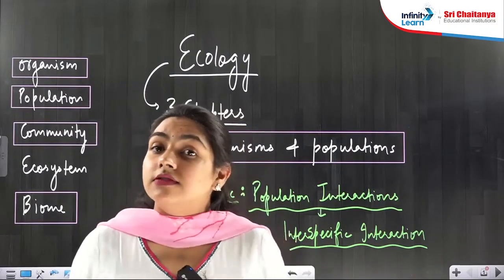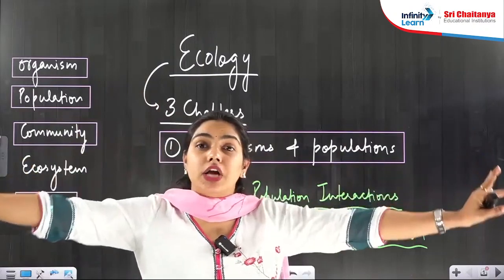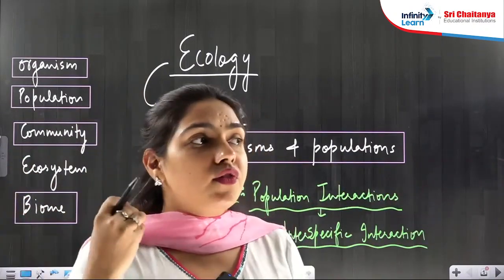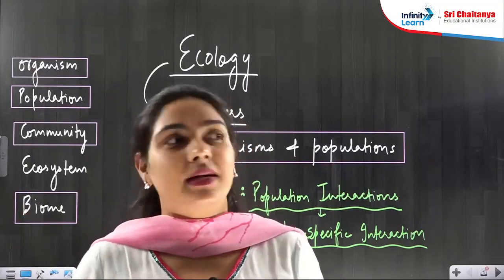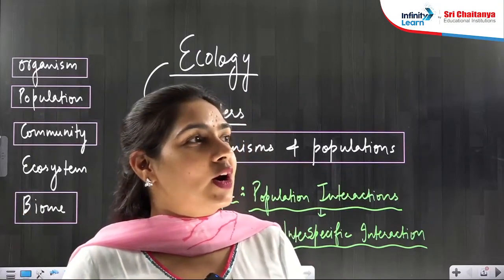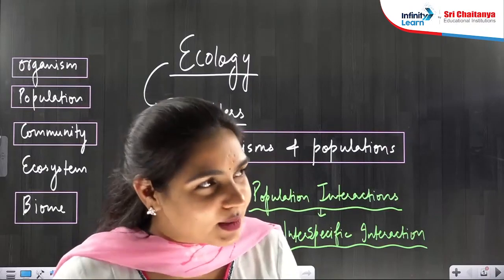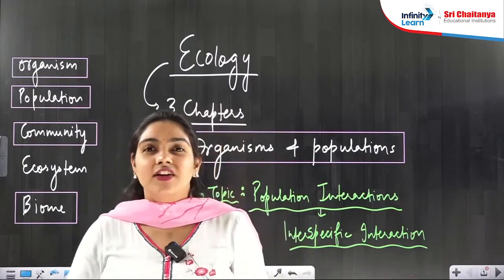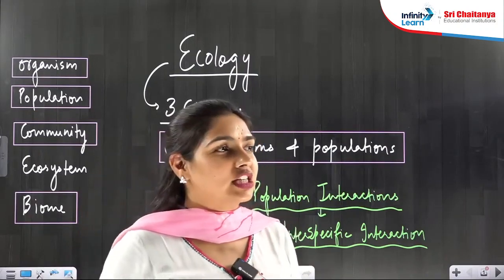You must have seen many population interactions in nature, around yourself. If you observe your surroundings, if we interact with a dog, it is a population interaction. If we interact with a cat, it is a population interaction.